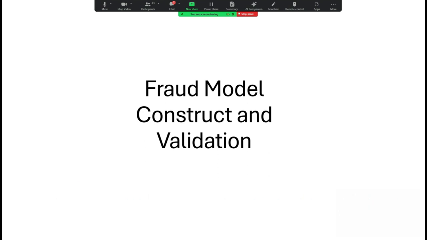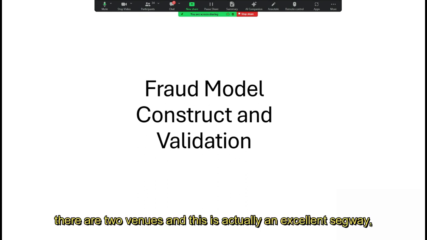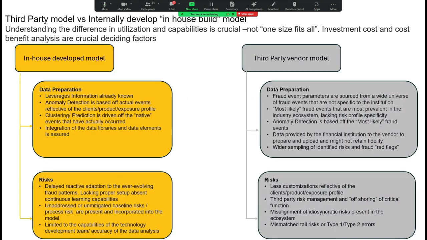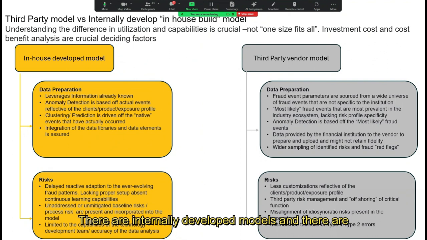Sure. And that's a great question, and we will talk a little bit more in detail about these topics, but broadly speaking, there are two venues, and this is actually an excellent segue. There are two sources of models that a financial institution can rely on. There are internally developed models, and then there are externally developed models, right?